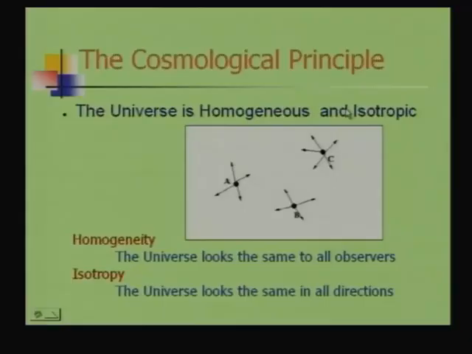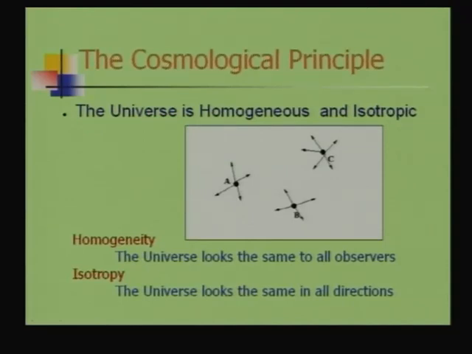These assumptions go by the name of the cosmological principle. So let me now discuss the cosmological principle. These were the assumptions invoked by the theoreticians in their attempt to model the whole universe. By universe we mean whatever exists.